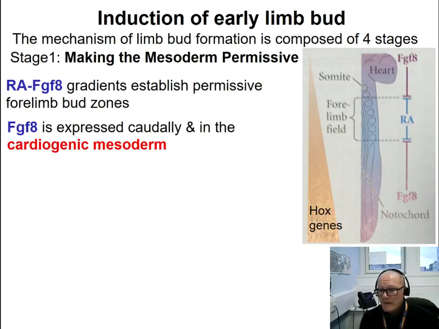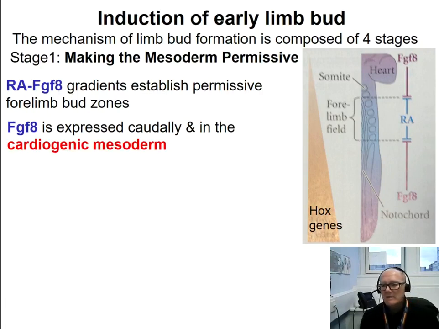But if you remember, during the last lesson, we said that BMP signaling was inducing the lateral plate mesoderm to express FGF8 in the cardiogenic mesoderm. So the cardiogenic mesoderm, the mesoderm that produces the heart, also expresses FGF8.